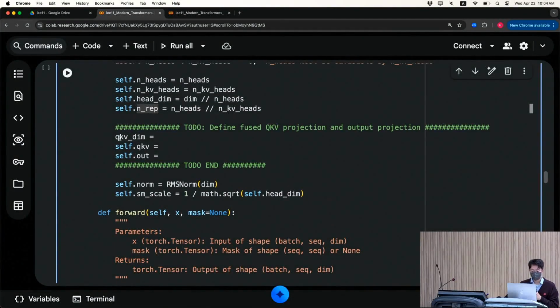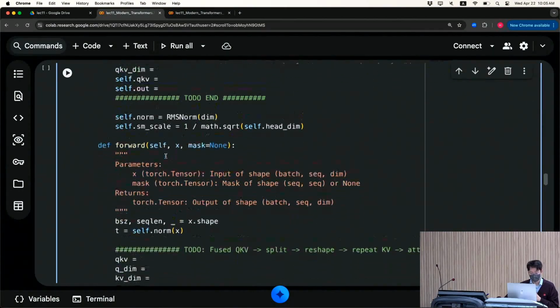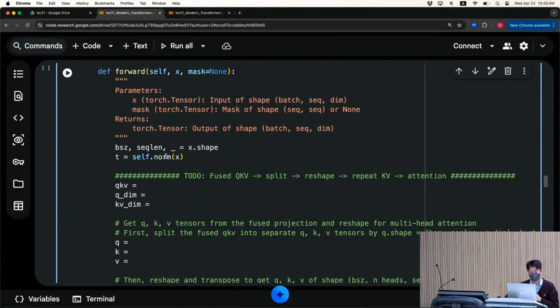And here's your first to-do. You need to define fused KV projection and output projection. And in the forward step, you need to follow these steps. So first, apply fused QKV projection, split the output.